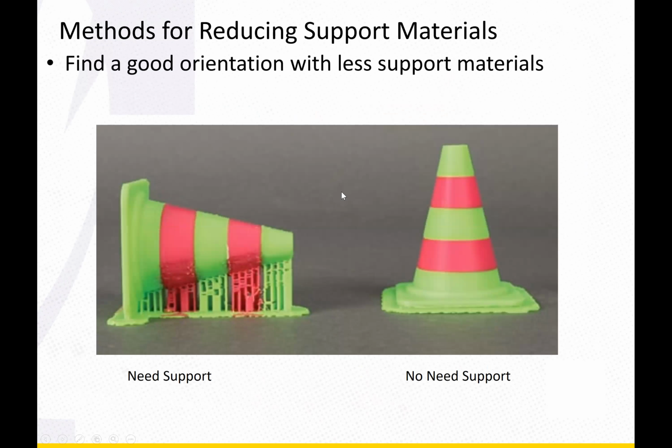Another way to reduce the support material is simple reorientation. If you have something like this, you just turn it by 90 degrees, so it's totally support free, right? A typical problem novice users make is that they do nothing before they press the printing button.